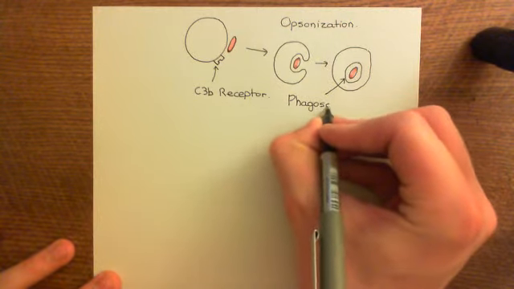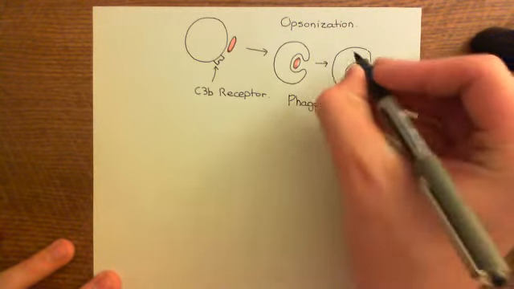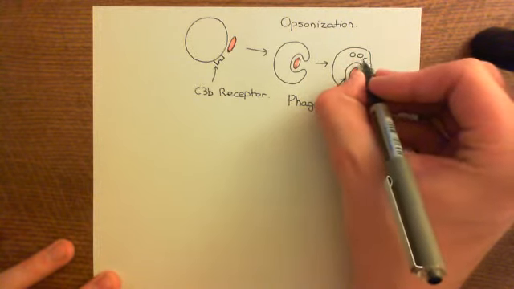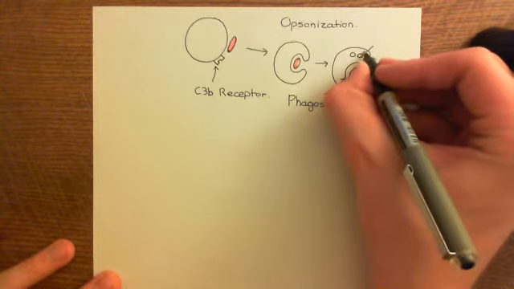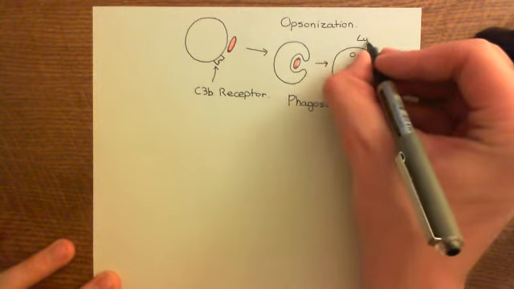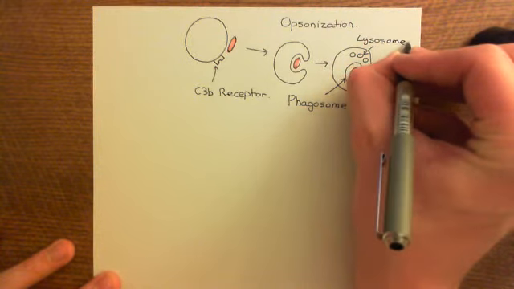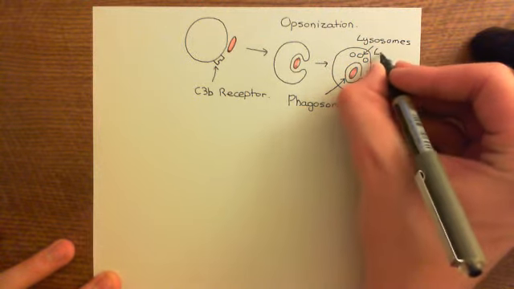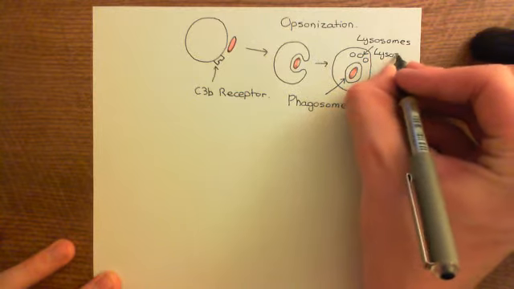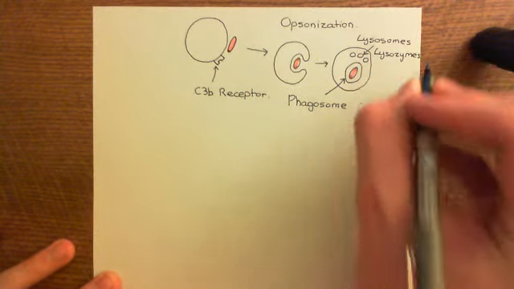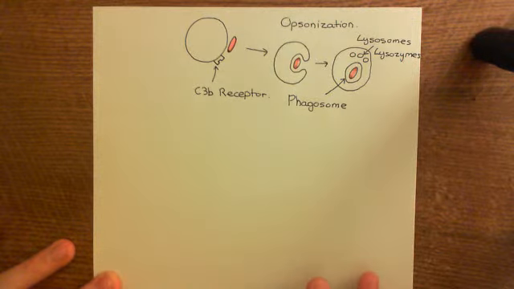And what will then happen is that you have other vesicle structures within the cytoplasm of this phagocyte, and these are known as lysosomes. These are lysosomes, and they are full of enzymes known as lysozymes, also called lytic enzymes, which will break down the pathogen if they come into contact with it.